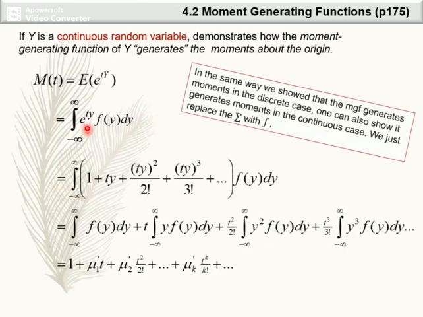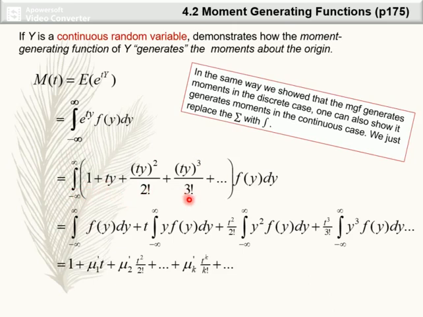That e to the ty can be expanded as follows. This is just a result; you don't have to prove it. It's just true that e to the ty can be expressed as this infinite summation. Now when you have a summation, you're allowed to put the integral inside around each of the terms.